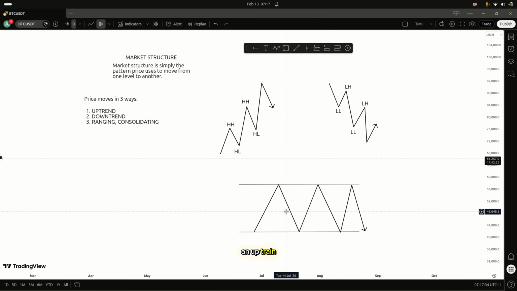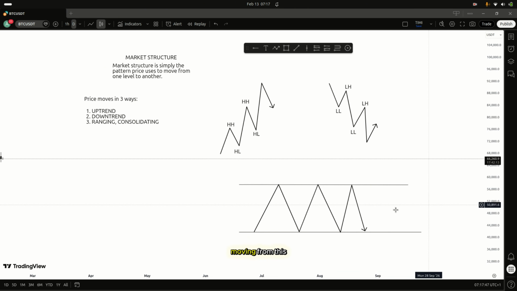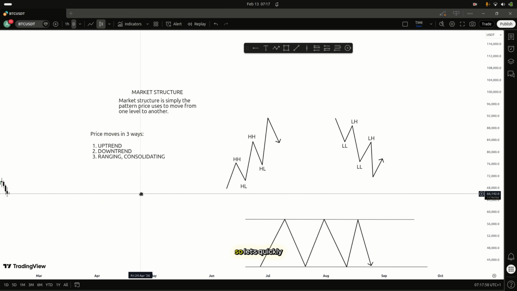It's not in an uptrend, it's not in a downtrend as well. It is just consolidating. Price is just moving from this support level to this resistance level, back to the support level, and just like that, keeps moving that way.